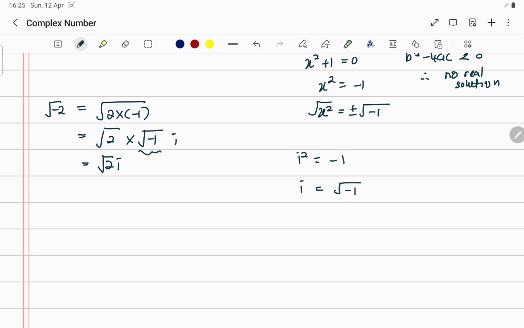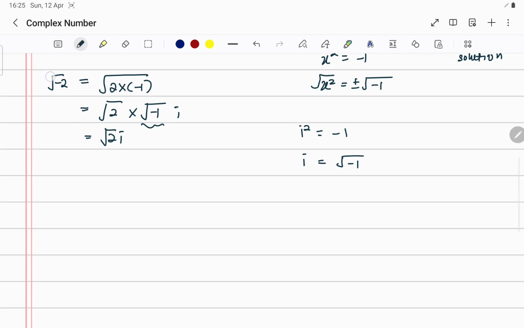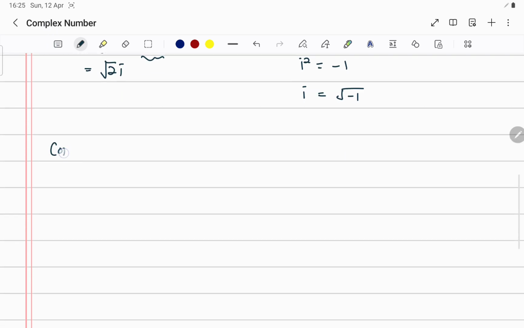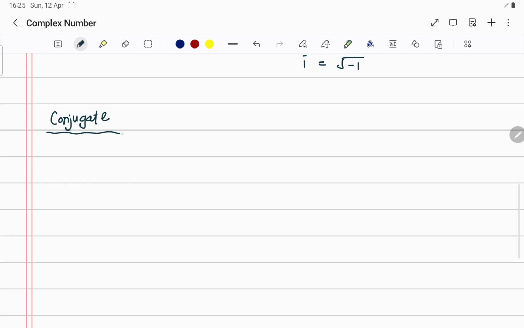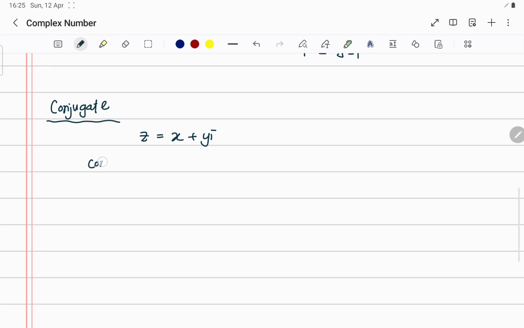All complex numbers actually have a conjugate. Let's say we have z equal to x plus yi. The conjugate of z, which we represent using the z symbol with a bar on top of it, is x minus yi.